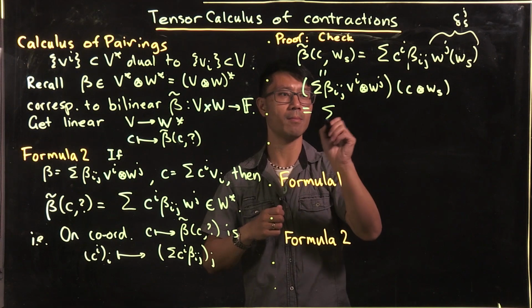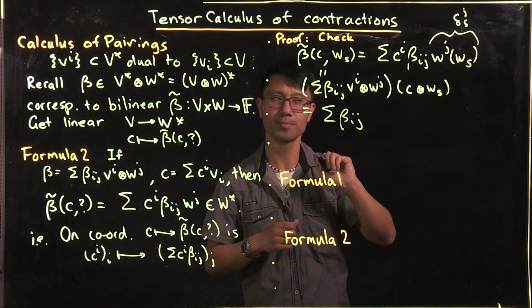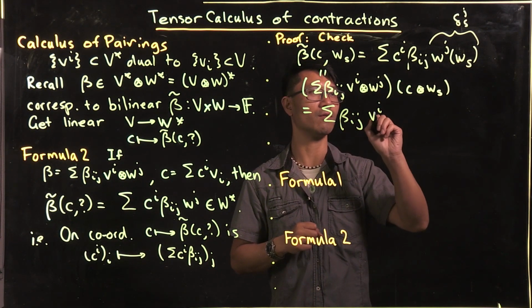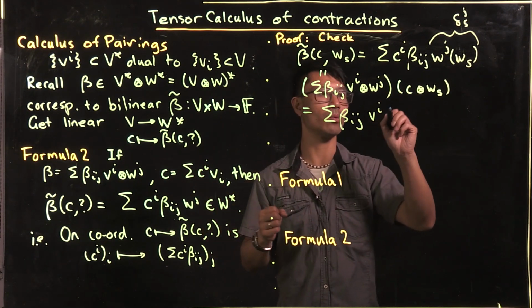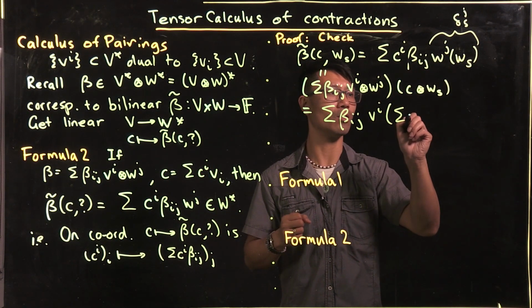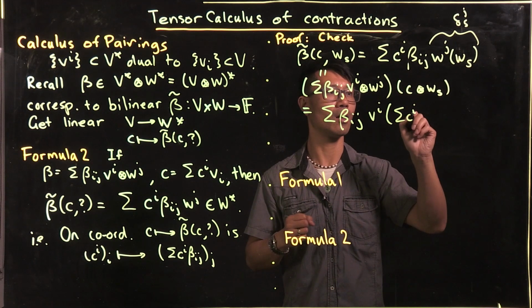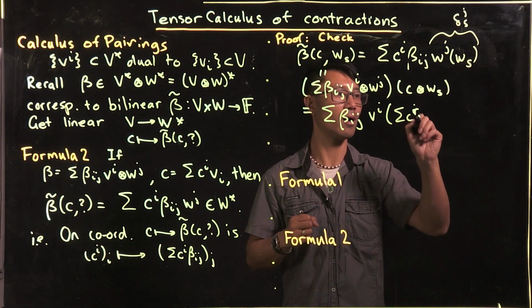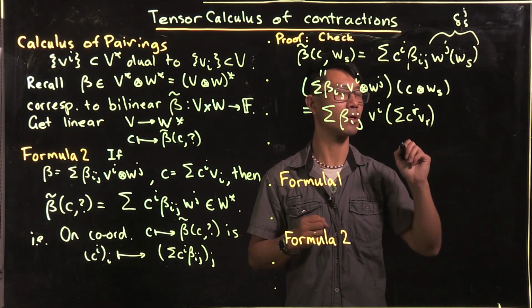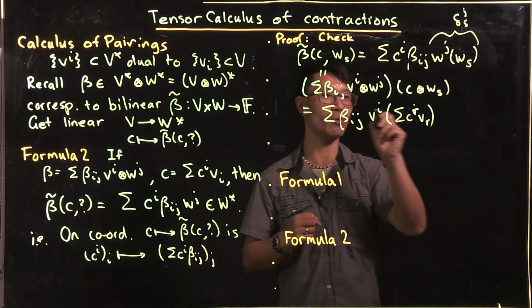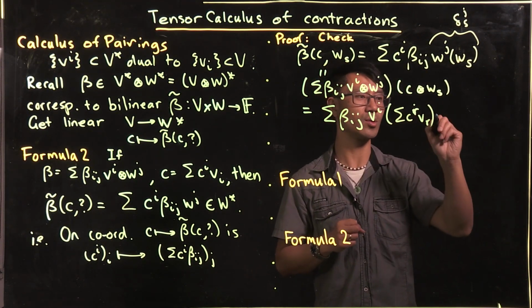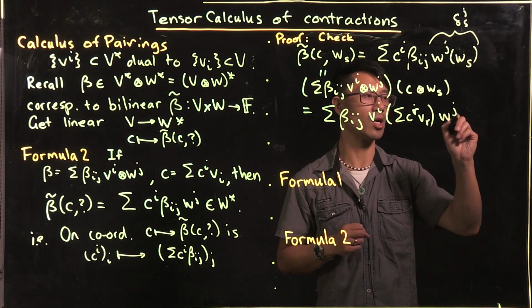So this is equal to the sum over all beta_ij of v^i of c, and c was just the sum of all c^r v_r. Make sure you don't repeat the i here, and then like we did before, you multiply that by w^j of w_s.